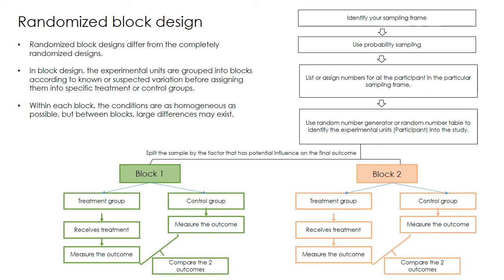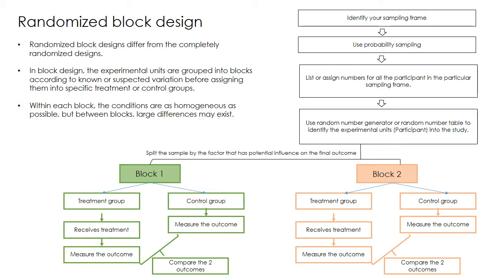Each patient has already been given an identity. You collect all these identities and put them into a jar or a box, or you use a random number generator and select the sample size that you want. So from over 1,000 patients, maybe you select 400 patients.